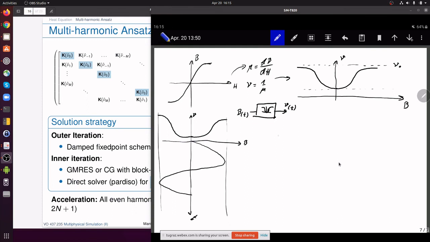And if we plot this nu of t, we see the following. This is the time period of the B signal.